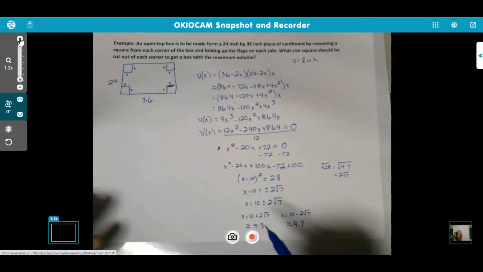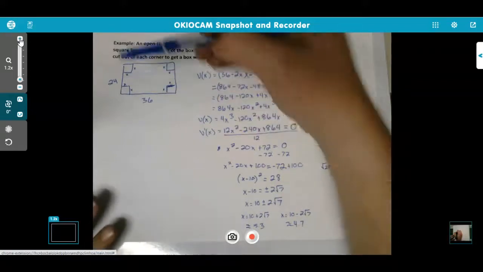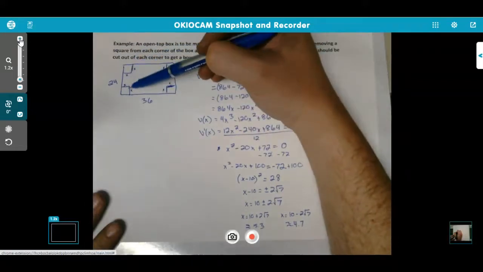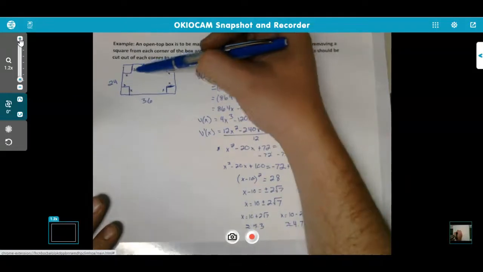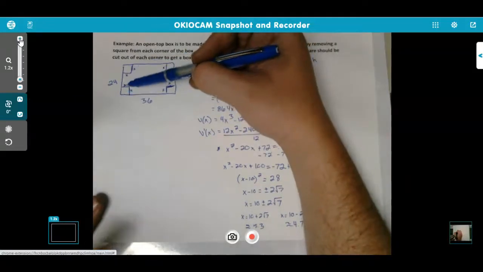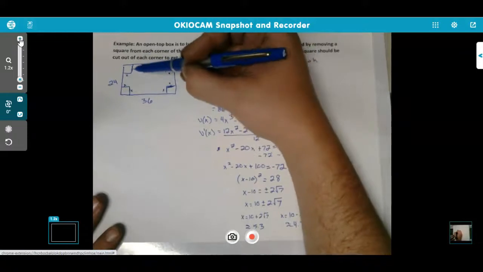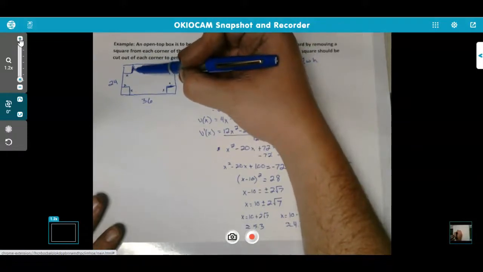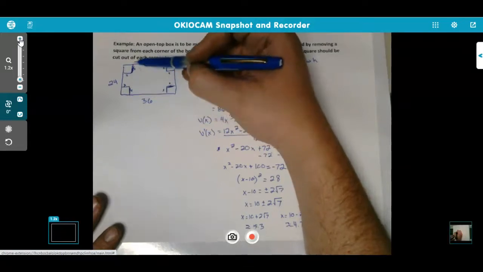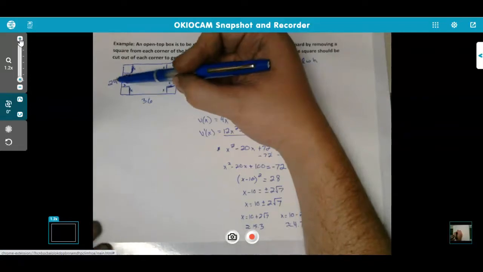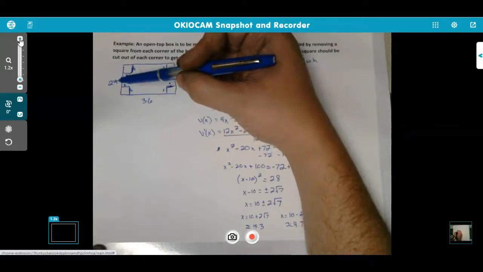Remember, what I'm doing is taking off this much. If I chopped off 15.3 from each corner, notice what would happen here. I would chop off 15.3 right here and 15.3 right here, which means a total of 30.6 from this side. However, this side only has 24.